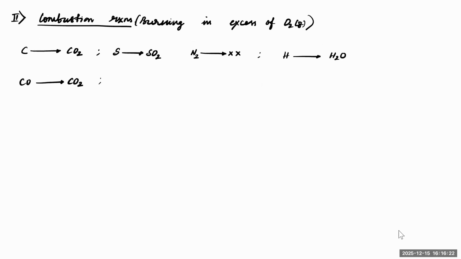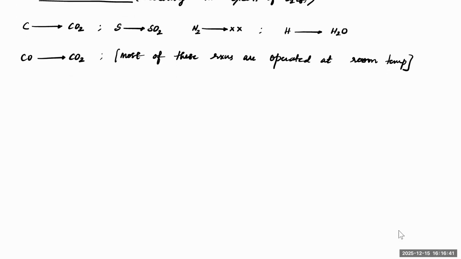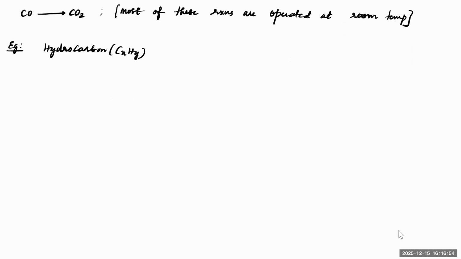Now, generally, most of these reactions are operated at room temperature or just above the room temperature. For example, if you have a hydrocarbon, this is the most asked case, CxHy.